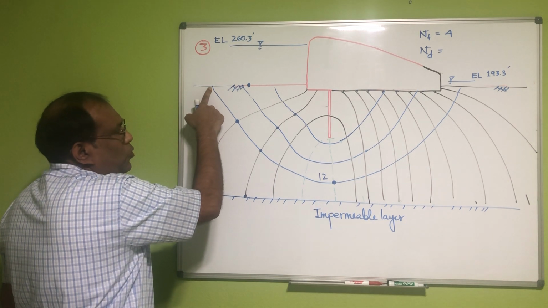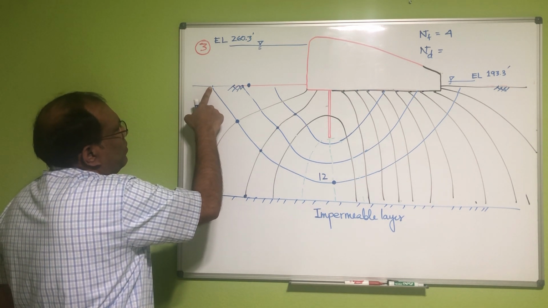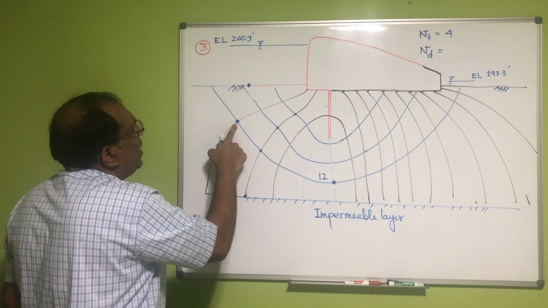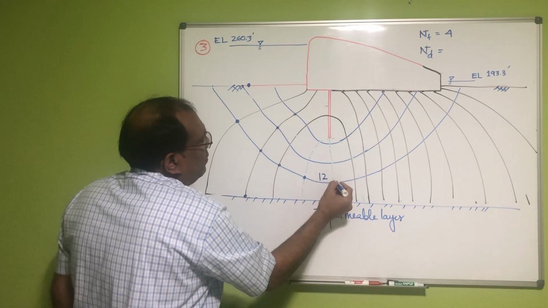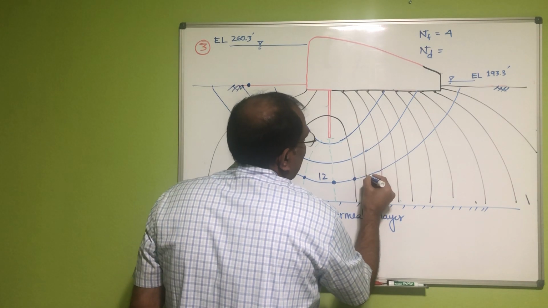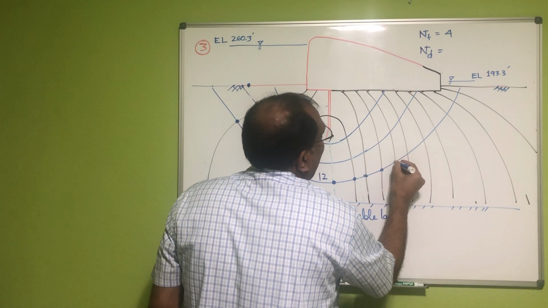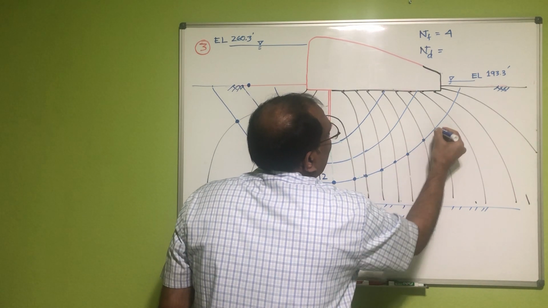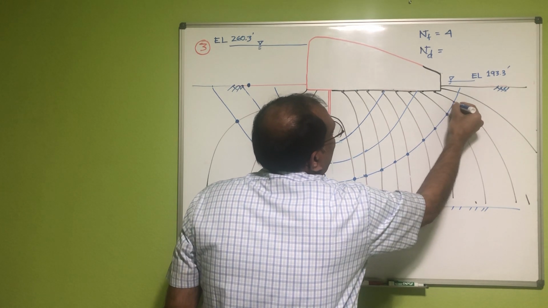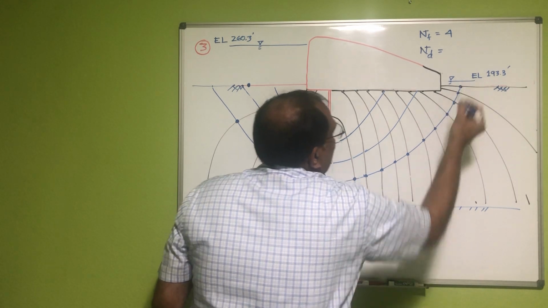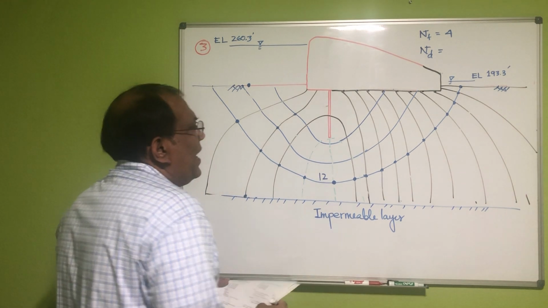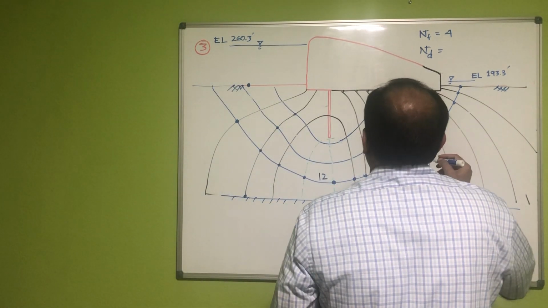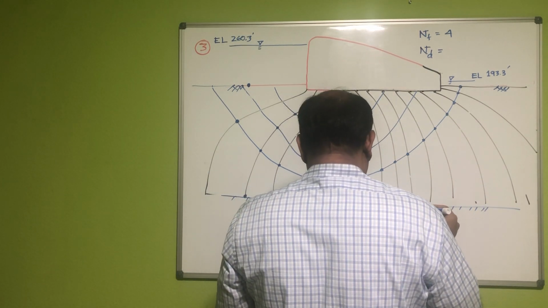I am measuring from here. The first drop is here, 1, 2, 3, 4, 5, 6, 7, 8, 9, 10, 11, 12, 13, 14, 15, 16. Actually, there is 17 here. I missed one of those points, I guess.